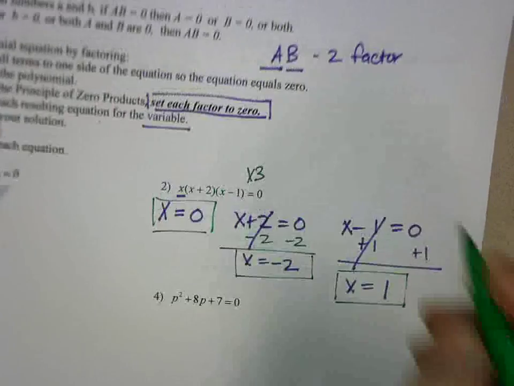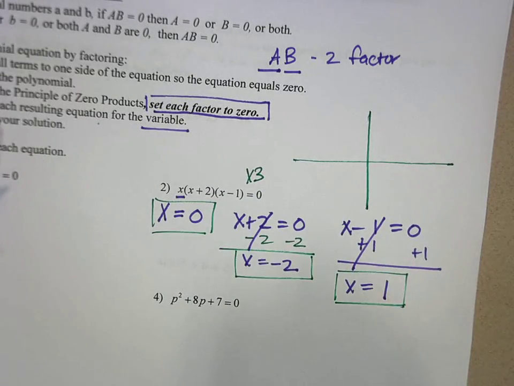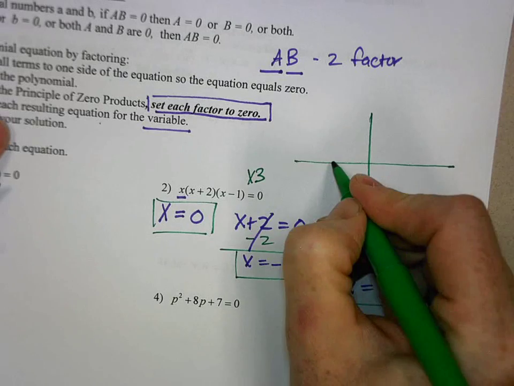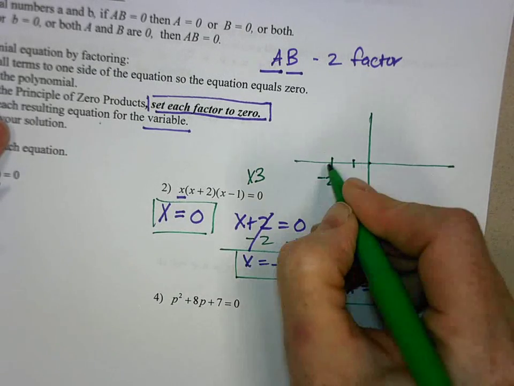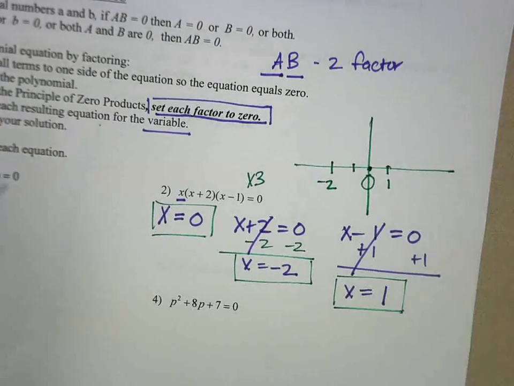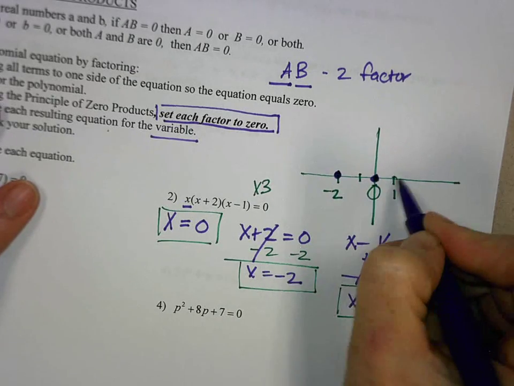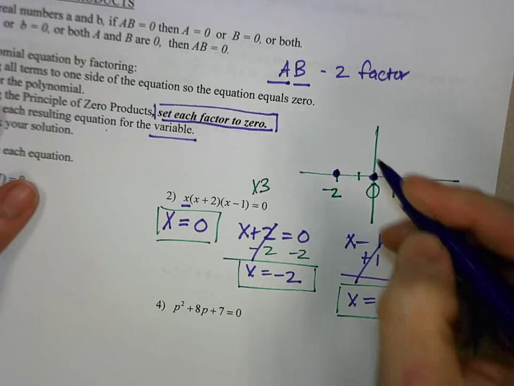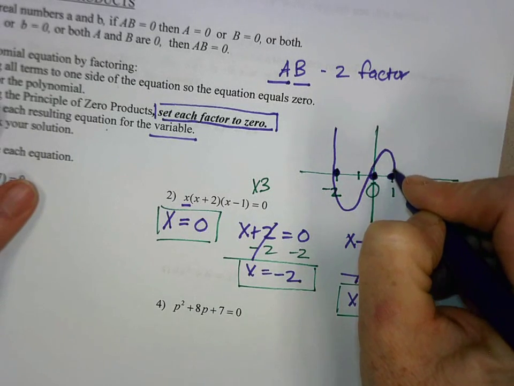What does that mean? Let's just review what that means. If I had this graph, then at negative 2 and at 0 and at 1, at all of those points, this graph would be going through the 0.